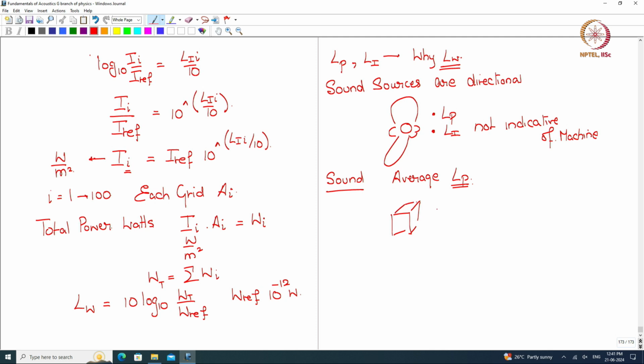So you measure LP1, LP2, LP3, LP4, let's say a meter away, based on an ISO standard. Then you can have an averaged LP value. You can convert this into linear values of P square RMS, sum all those up, and then divide by 4 to get an averaged LP value.